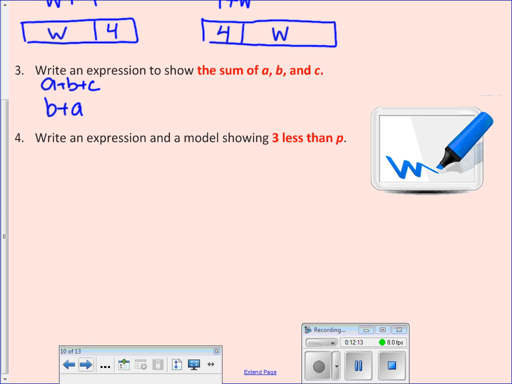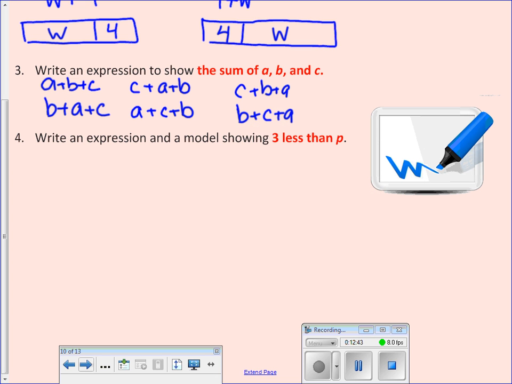B plus A plus C. Something else? A plus C plus B. What else? C plus B plus A. One more. We have 2 that started with A, 2 that started with C. B plus C plus A. Awesome.